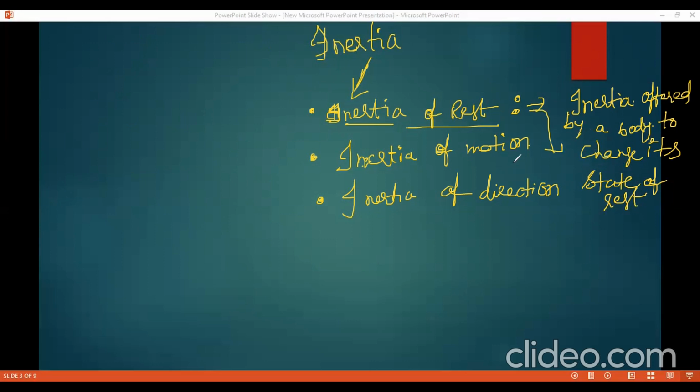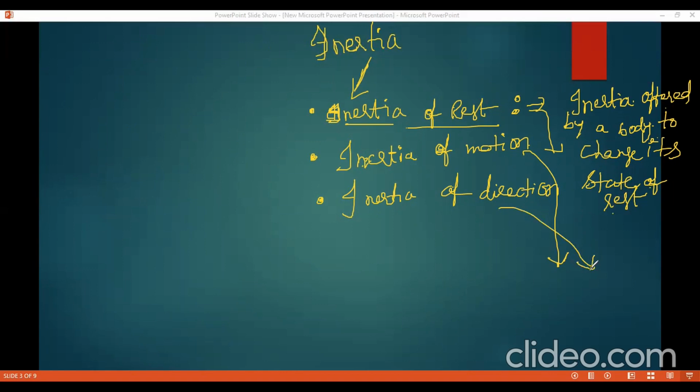What about inertia of motion? How do you define inertia of motion? Inertia offered by a body to change its state of uniform motion.